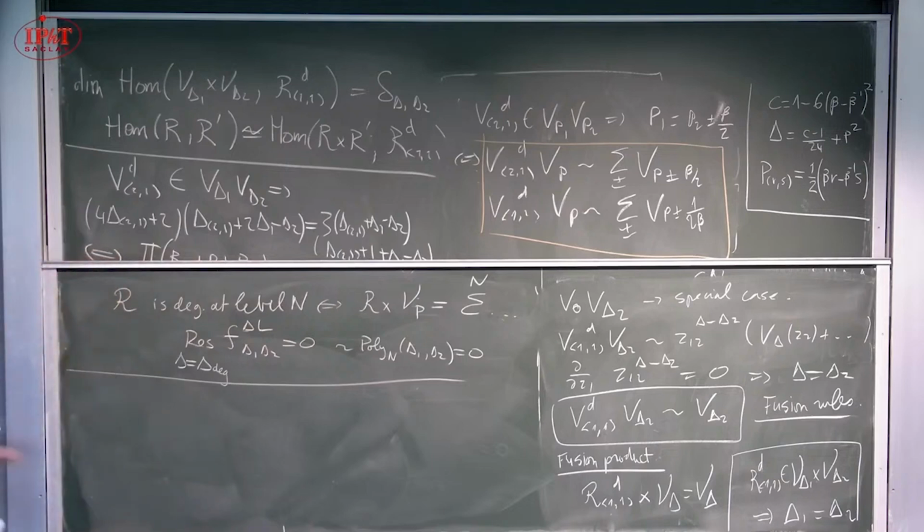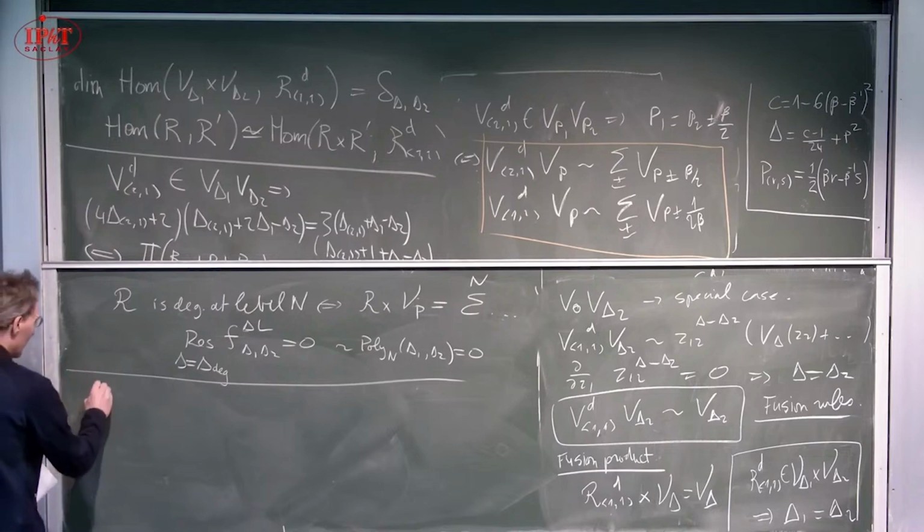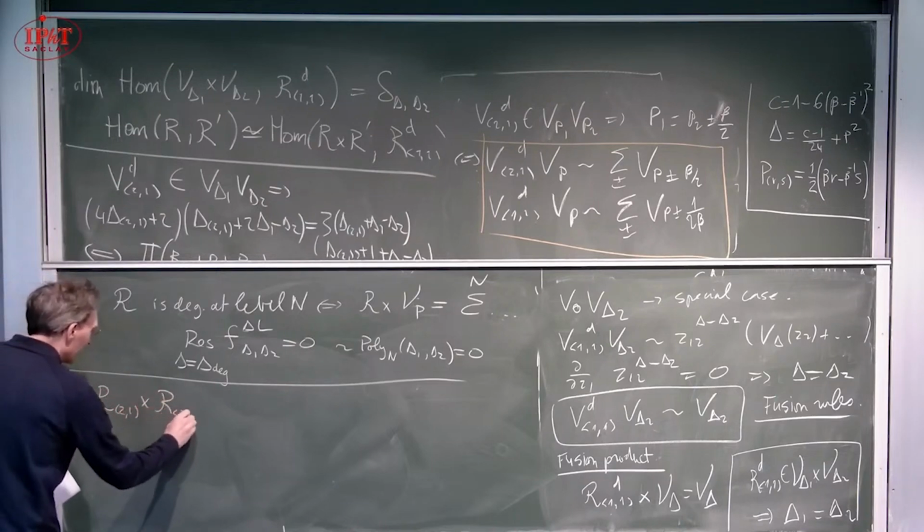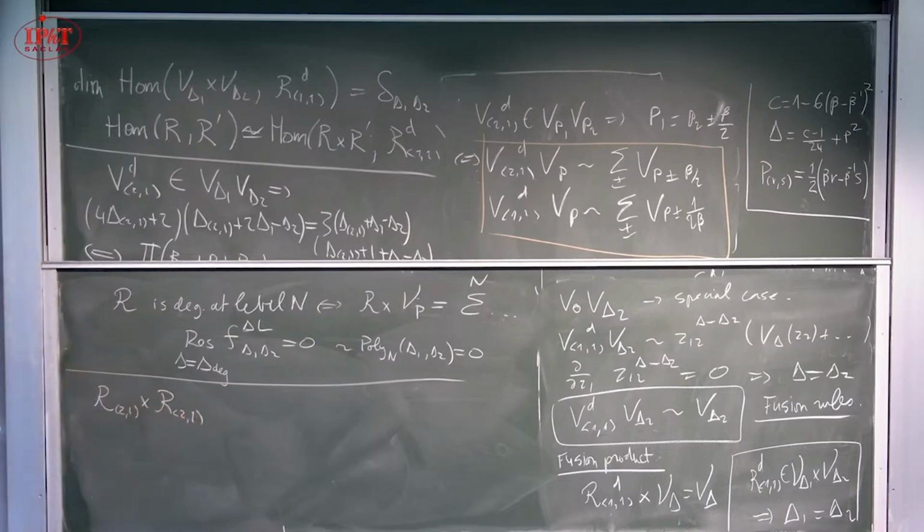Now, armed with this claim, I wouldn't say theorem or even reason, at least we have an argument for it. So let's consider, for example, the fusion product of R21 with R21, two degenerate representations here.